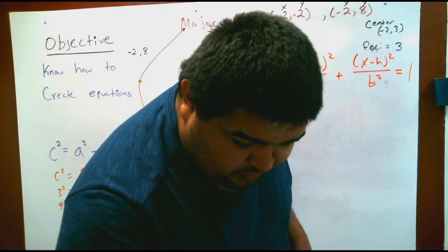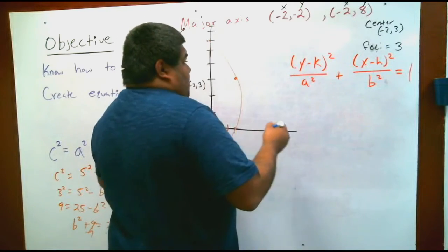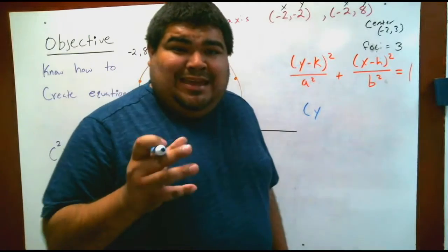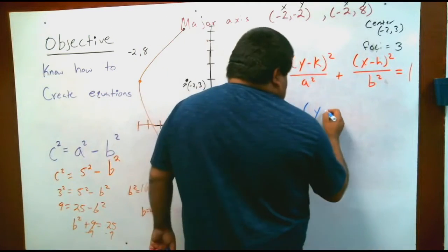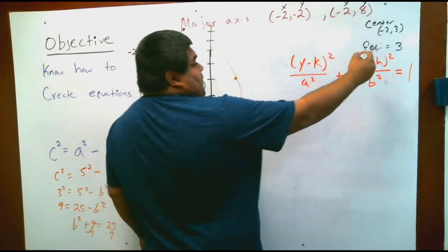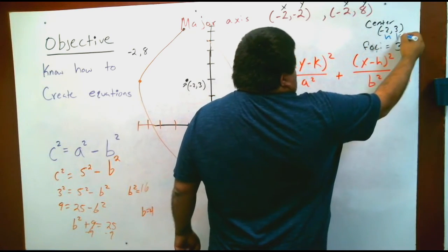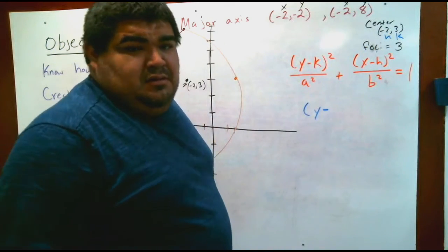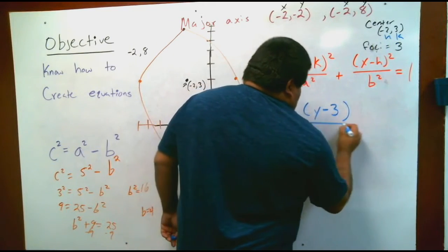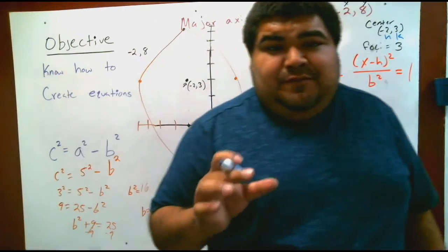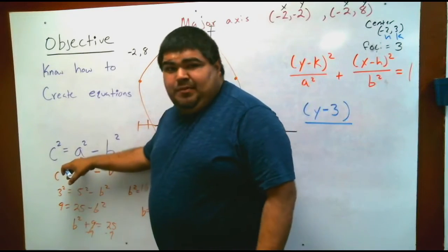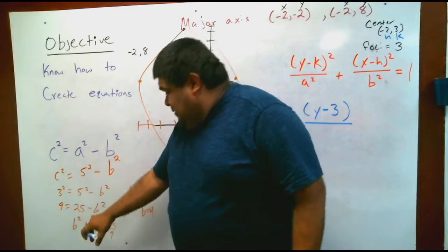So the way we're going to plug it in is, y stays the same, but we know what k is. In this case, we keep the equation as it is. Our k is our center. If you remember, we have h and k for our center. So our k is 3 over a squared. If you remember, a squared in this case is 5 squared, because we plug in 5. So 5 squared is 25.